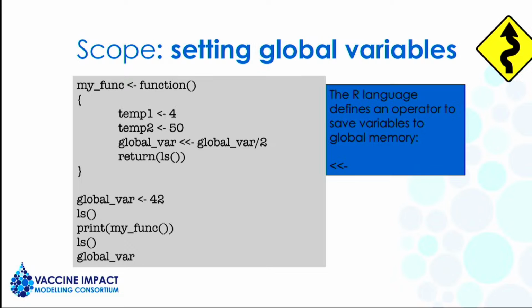To make matters even worse, and this is one of those things I'm showing you for completeness and I want you to forget immediately, R also has a double assignment operator, which allows you to explicitly change a value in the global workspace from within a function. I can't tell you how dangerous that is. It's insanity.